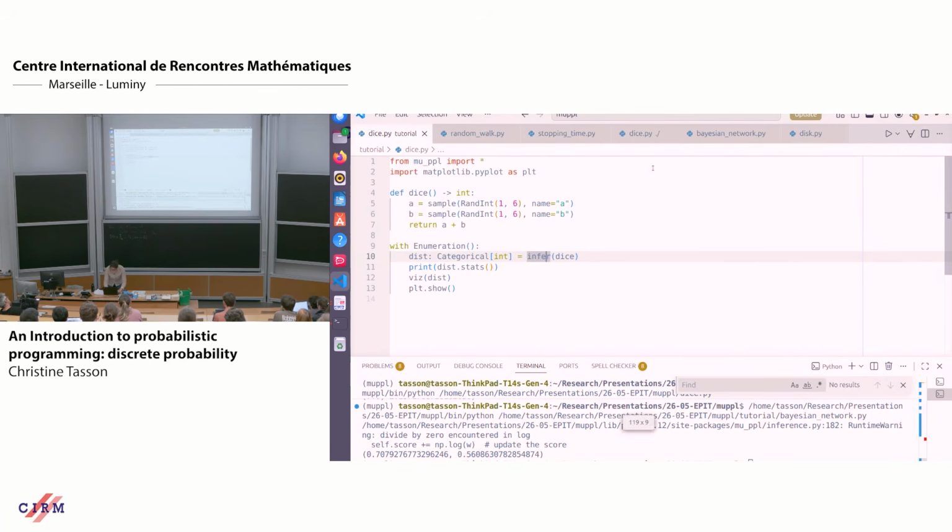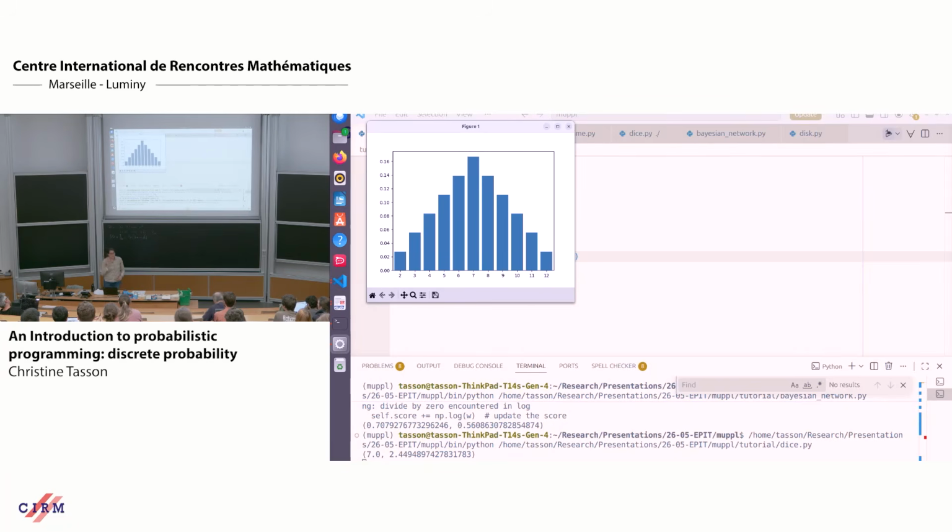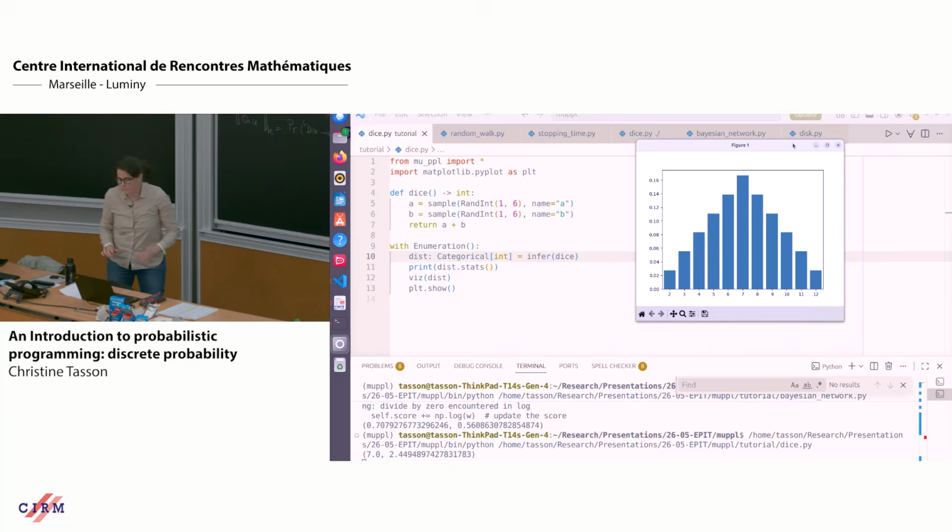I can make it a little bit bigger, and I can run it. What is it doing? I'm using an algorithm, enumeration, which is an inference algorithm that computes the law associated to this program simulating my random variable. It goes through the enumeration tree and gathers all the elements to get this histogram.